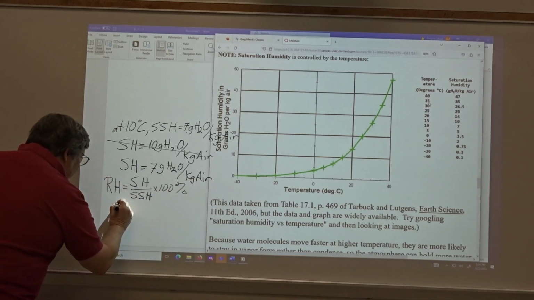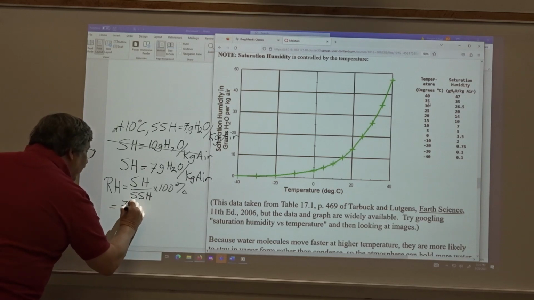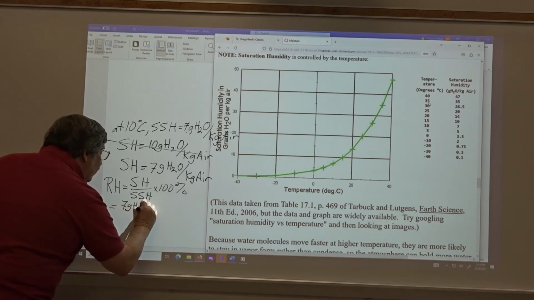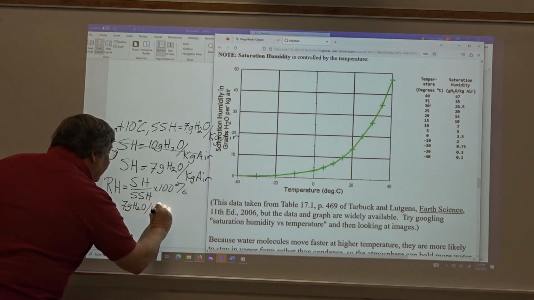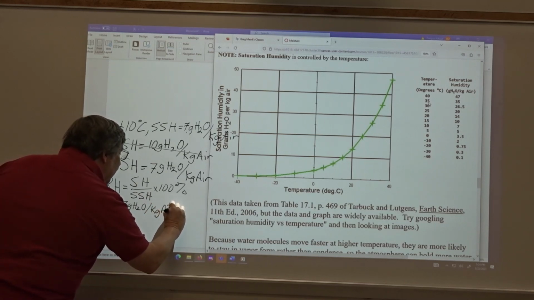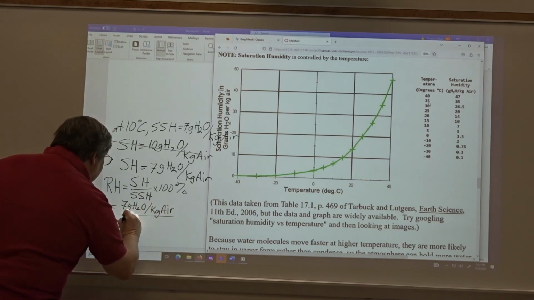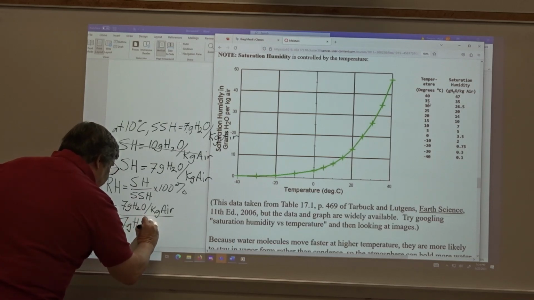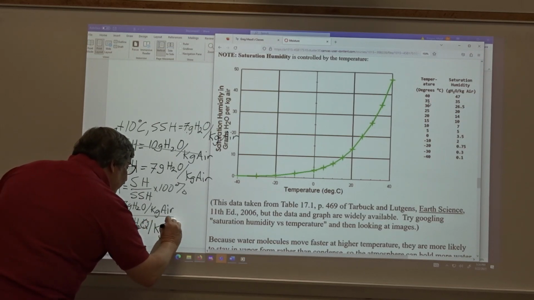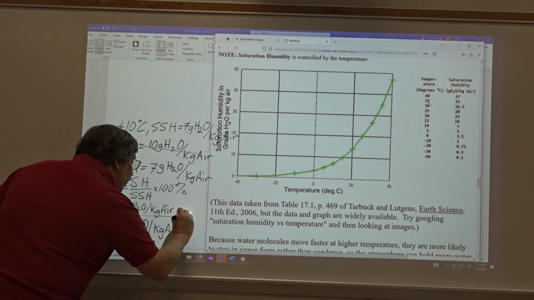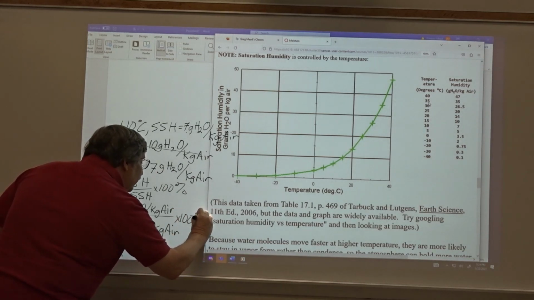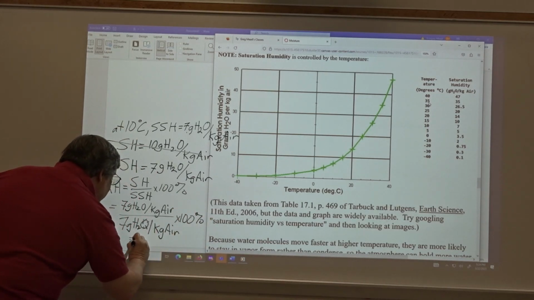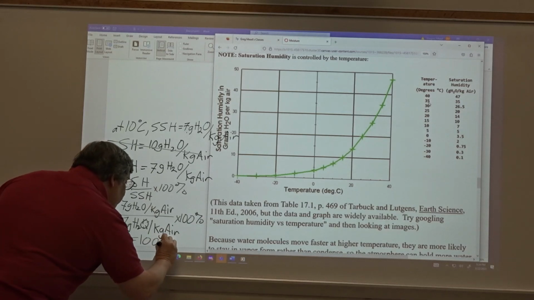That equals 7 grams of water per kilogram of air divided by 7 grams of water per kilogram of air times 100%, which of course equals 100%.